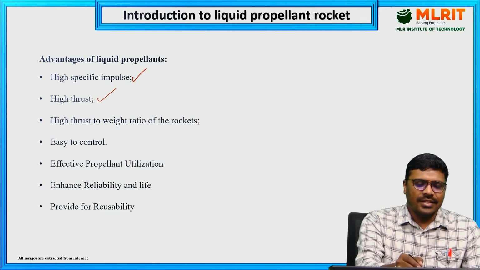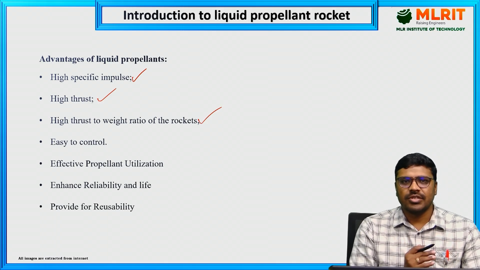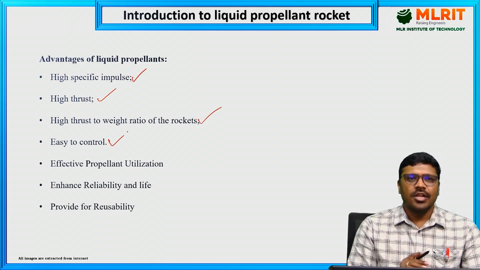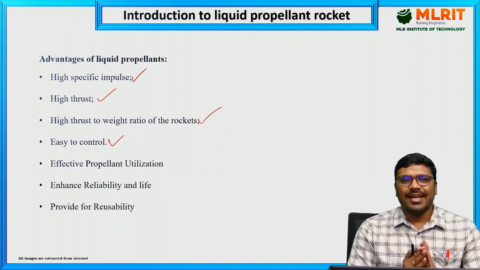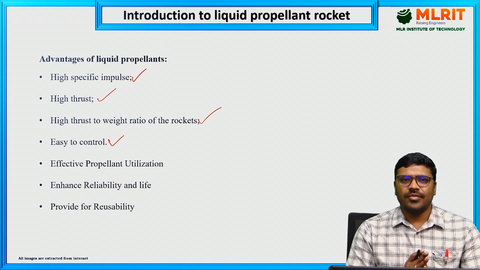Next, liquid propellant rockets have a high thrust to weight ratio, and they are easy to control. With the help of this liquid propulsion system, we can easily control the direction of the vehicle and the thrust level. We can easily control the burning in liquid propellant rockets.